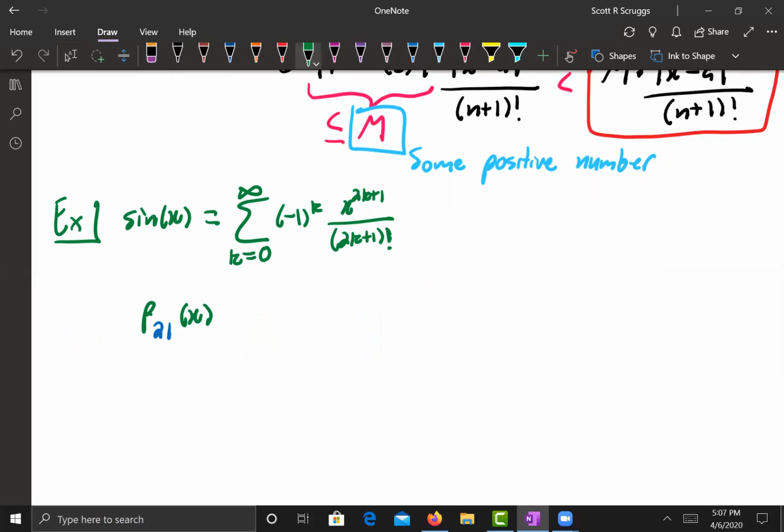Even though sine, when you take its derivative, will circle back and forth every fourth derivative, I still don't want to do that because that's just tedious work.